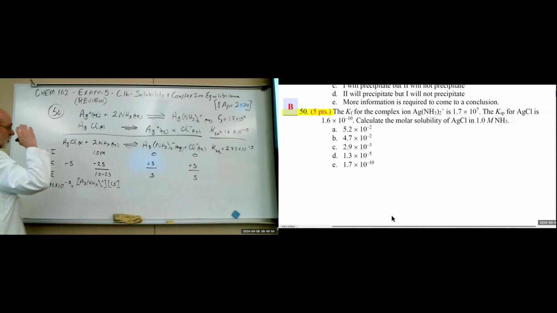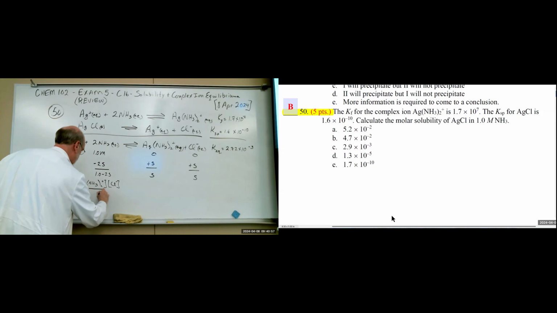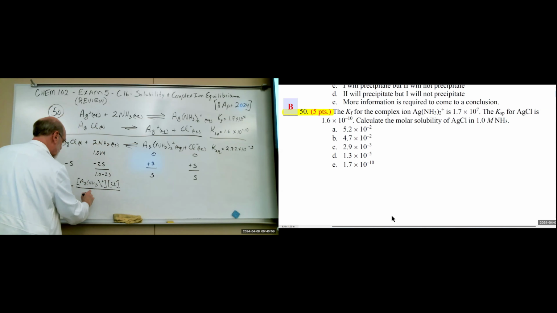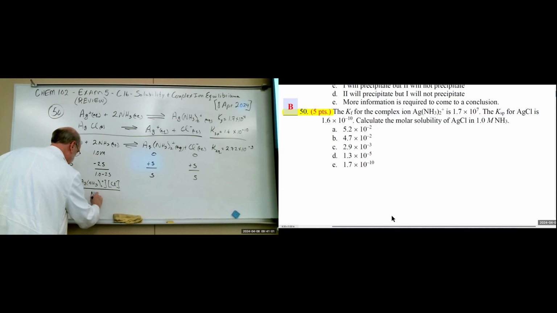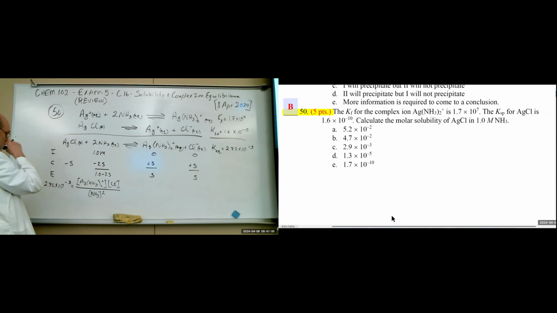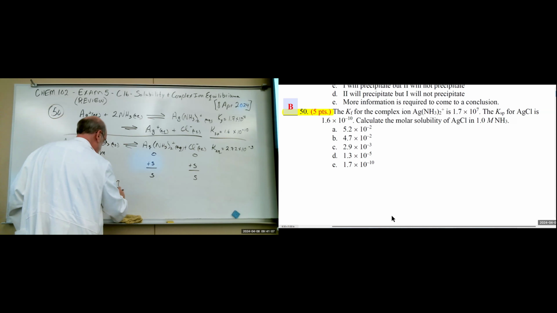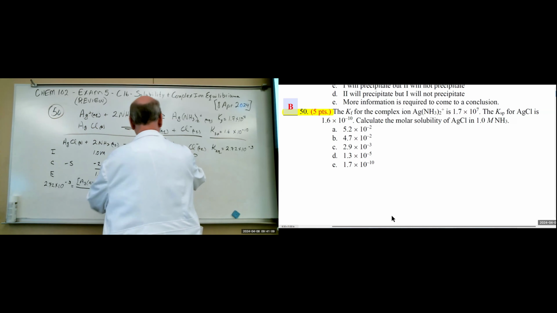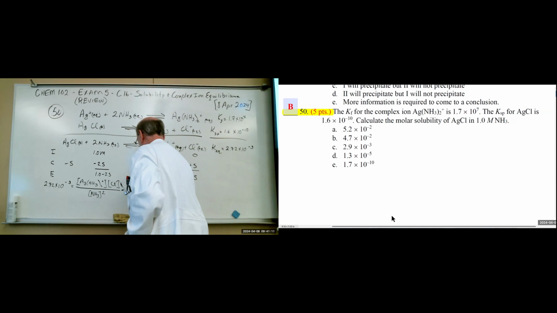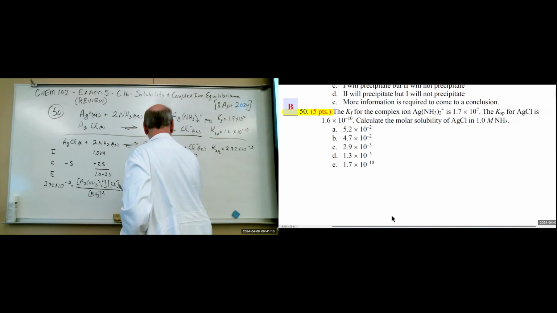Those are both first power. And then over here, we just have the ammonia squared. Okay, now we can put our values in here, right? What's this value? Well, this is S. What's this value?